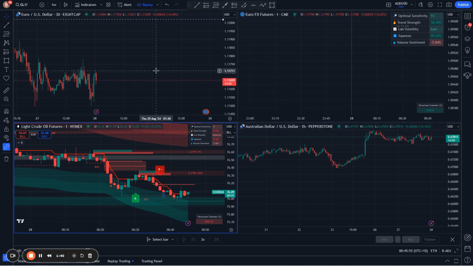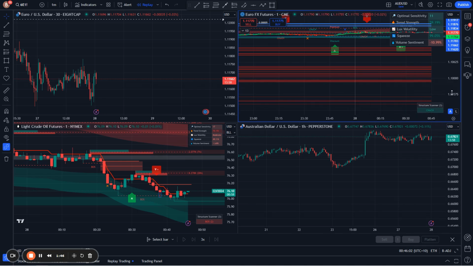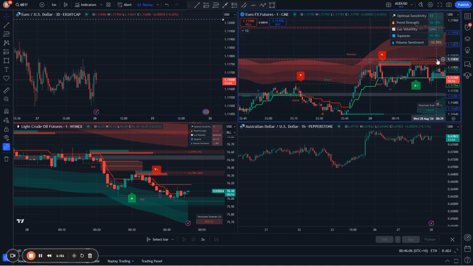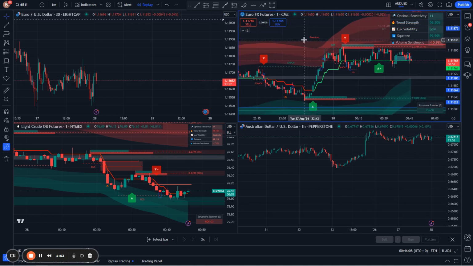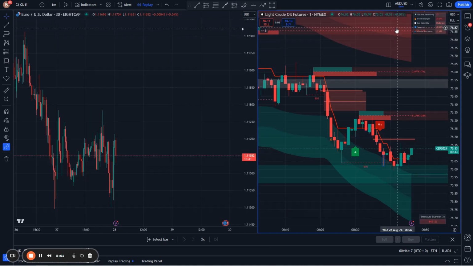oil, Euro USD. Now, what you can immediately see is that it's extremely hard to follow what is actually going on. It's near impossible for me to get a really good detailed picture, and I'm on a monitor. So this is a very large monitor in front of me. I would say that you really don't ever need to go above 2 chart sizes, or 2 charts per tab.